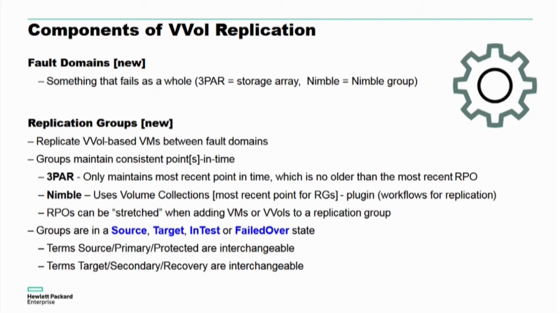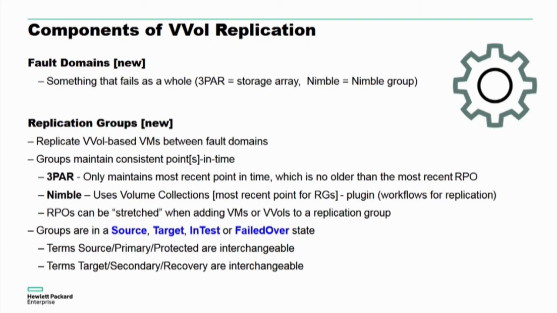And with Nimble, on the Nimble side, what we've had prior to VVol replication, anytime we did array-based replication, that was always done at the level of what we called the volume collection. So a volume collection is essentially a group of volumes, and those volumes are snapshotted and replicated in lockstep with one another. So it made perfect sense to use that mechanism, the volume collection, as the replication group as well.